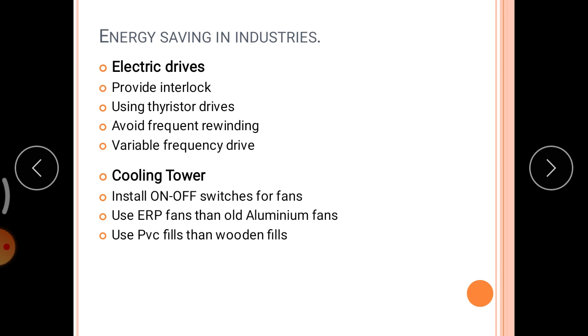Next is using thyristor drives to control the speed. We are using power electronic devices like thyristor drives. In olden days, we used other techniques like motor generator sets to control the speed. But nowadays we can do smoother speed control with variable frequency drives or thyristor drives, power electronic devices, so that we can reduce the intake of power.